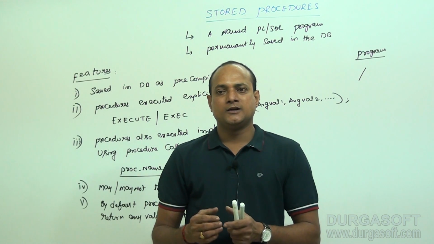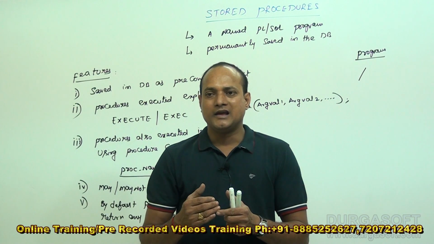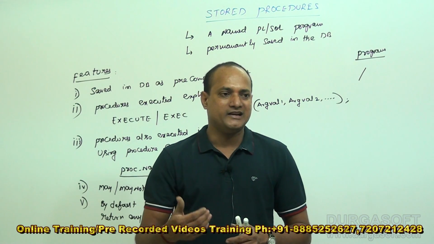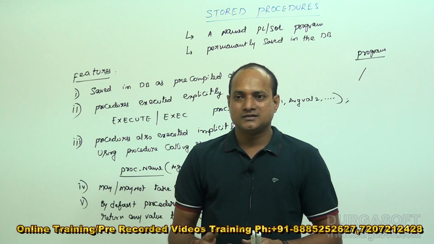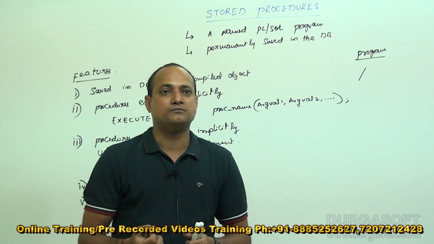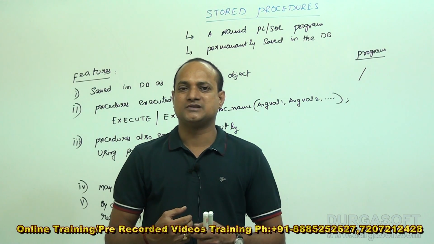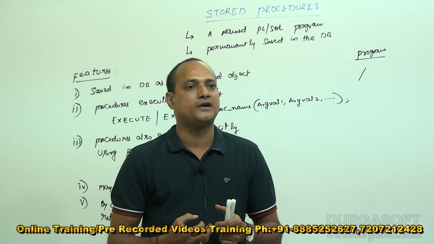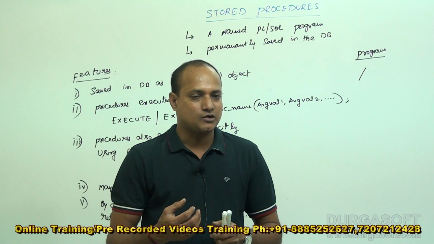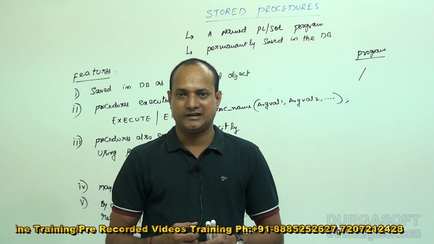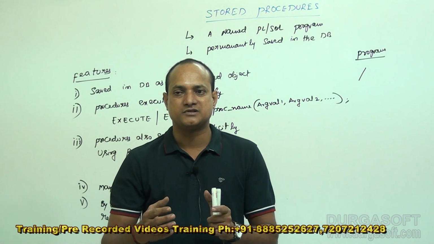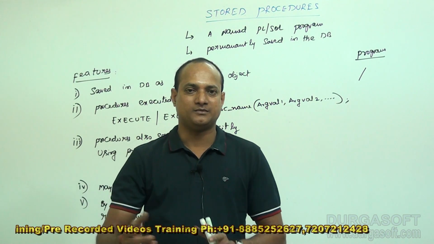You can execute a procedure any number of times, but a procedure is compiled only once. A procedure is saved as a pre-compiled object. If there are no compilation errors in the written procedure, only then is the procedure created in the database.